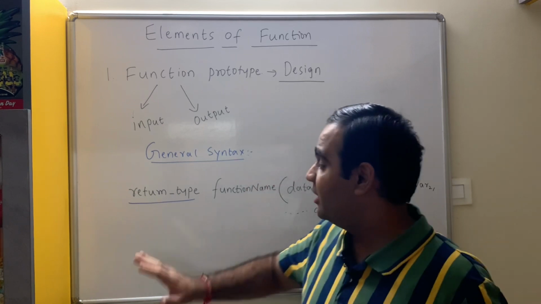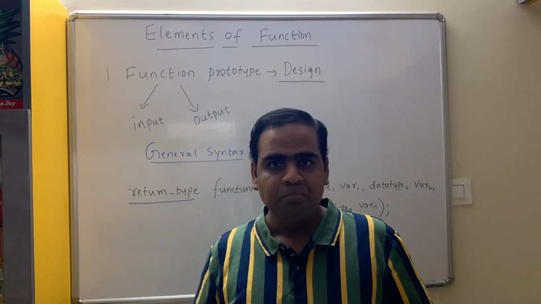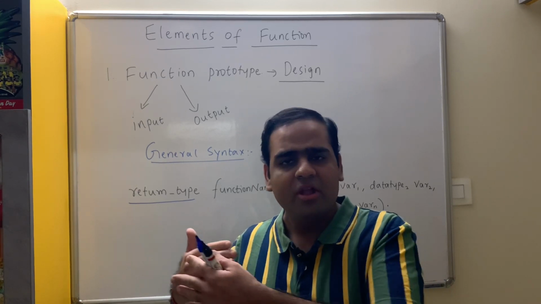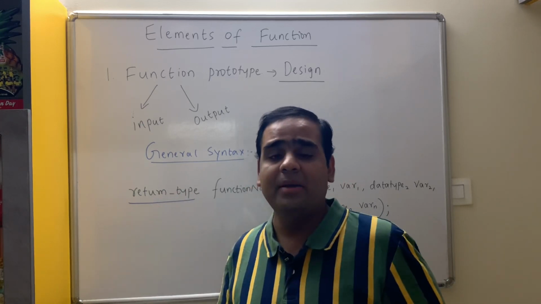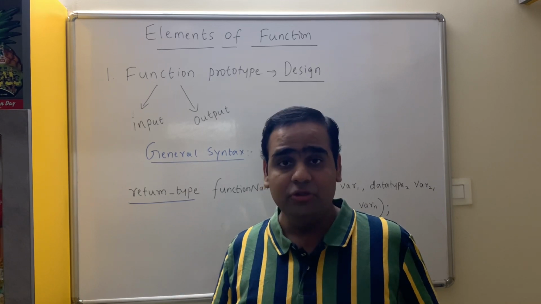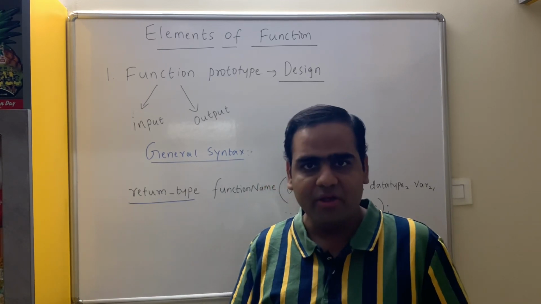The return type says that after the function computes something, it may find the area of a circle, addition of 3 numbers, print n natural numbers, print a Fibonacci series, or find if a number is prime or not. After it completes its execution, in what format is it going to return an answer.